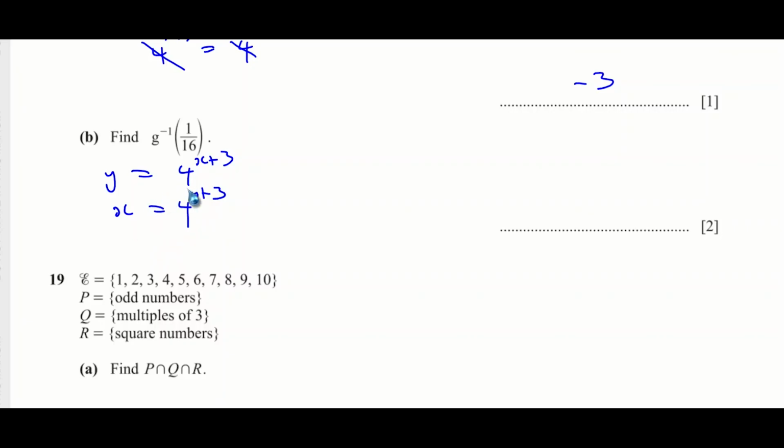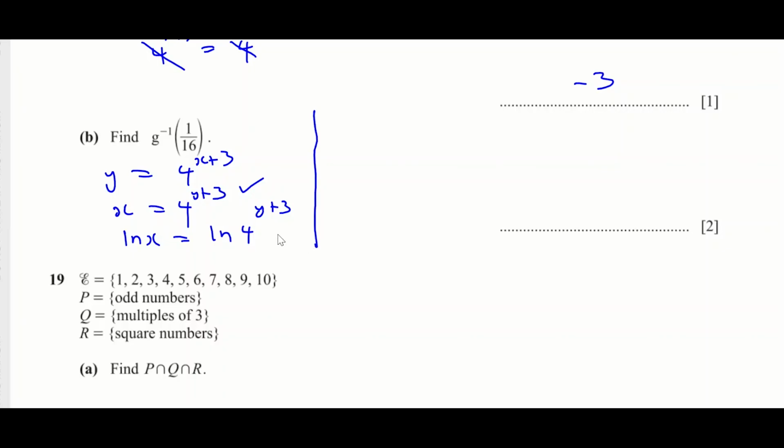Okay, since this is an exponent, I need to take the ln of both sides. So this will be ln x equals ln 4 to the power of y plus 3. Because I need to make y the subject of the formula, and that will be the inverse. So I have to bring y down, and to bring it down, I need this ln function.